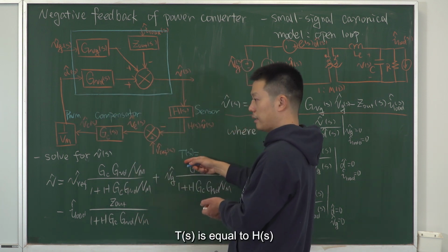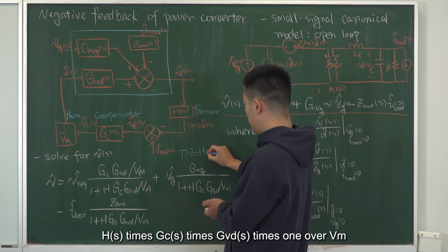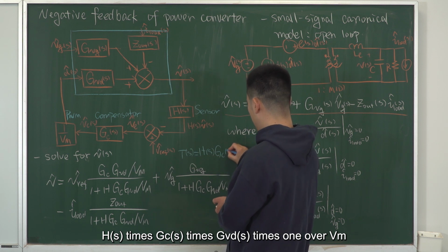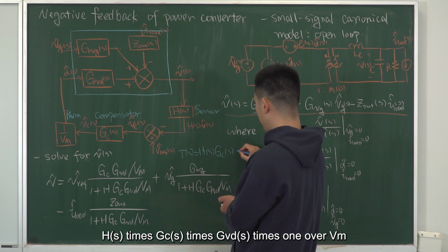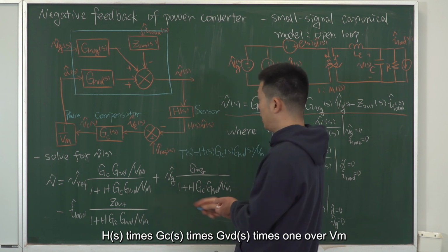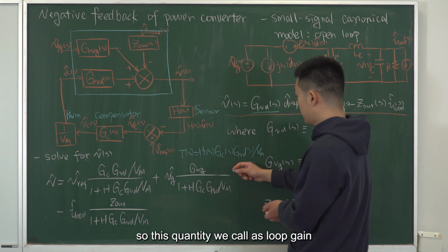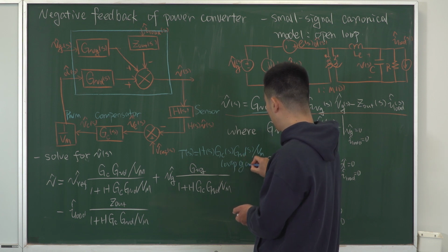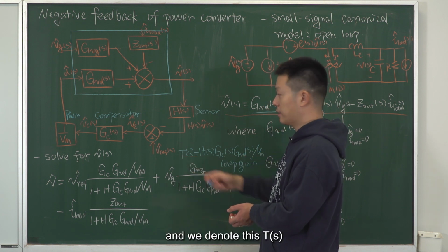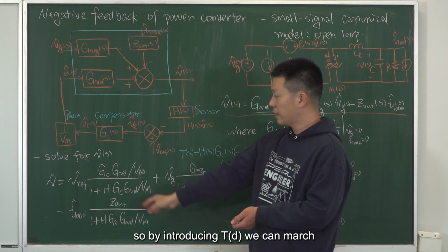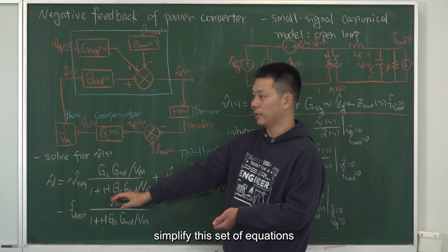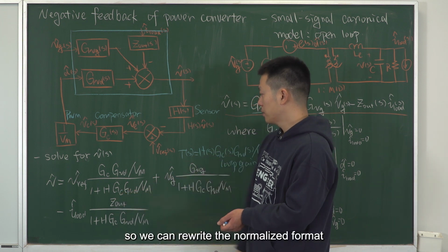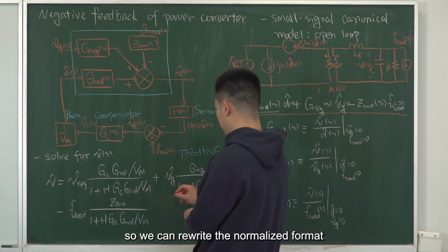So T(s) is equal to H(s) times GC(s) times GVD(s) times 1 over Vm. This quantity, we call the loop gain, and we denote it as T(s). By introducing T(s), we can much simplify this set of equations. So we can rewrite it in normalized format.